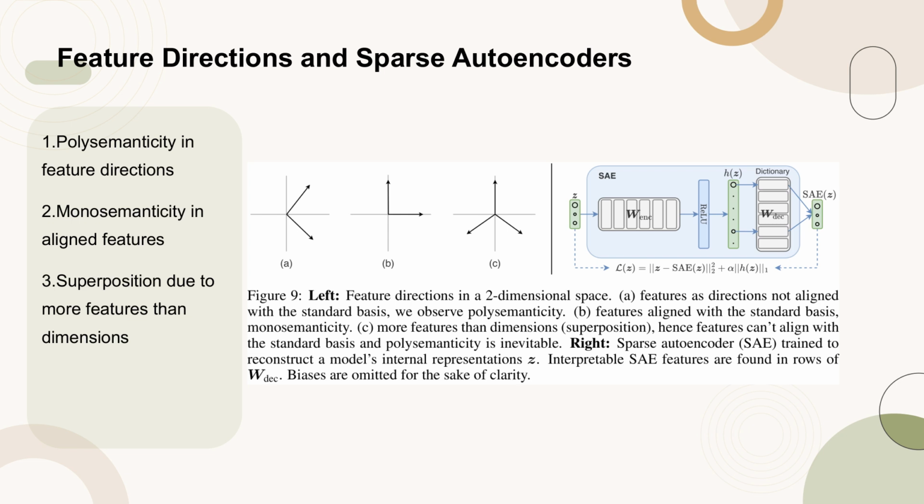And C: more features than dimensions, resulting in superposition and inevitable polysemanticity. On the right, the figure depicts an SAE trained to reconstruct a model's internal representation C, with interpretable SAE features found in the rows of DEC. This setup helps in understanding how features are represented and how superposition can be managed through sparse autoencoders.